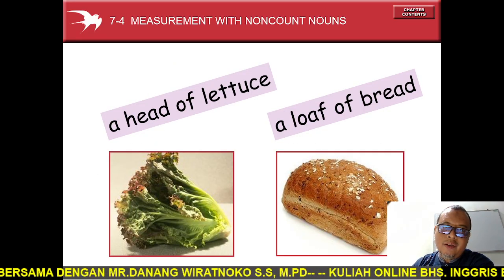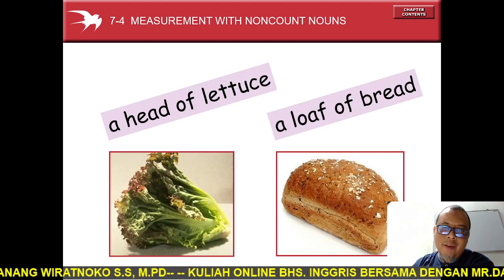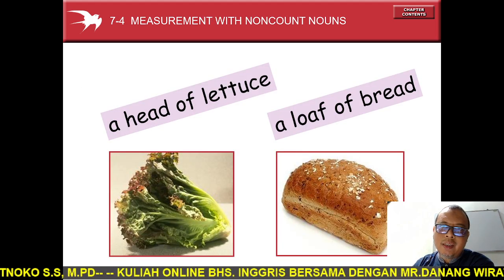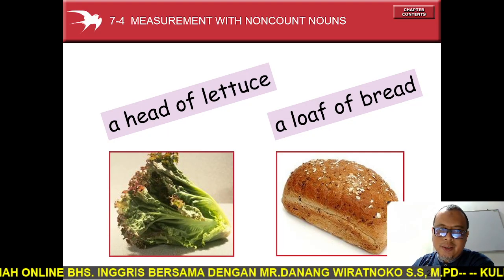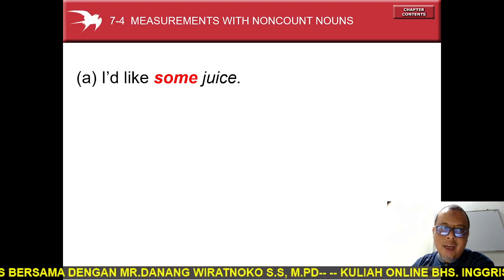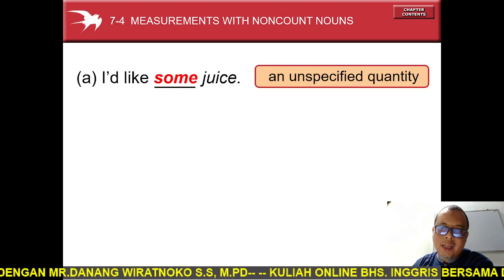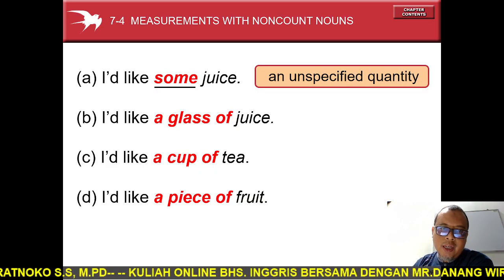Okay, a head of lettuce, a loaf of bread. Okay, so we have measurements with uncountable nouns. Okay, this is the measurement. So a head of lettuce and a loaf of bread. I like some juice. Okay, unspecified quantity. I like a glass of juice. I like a cup of tea.